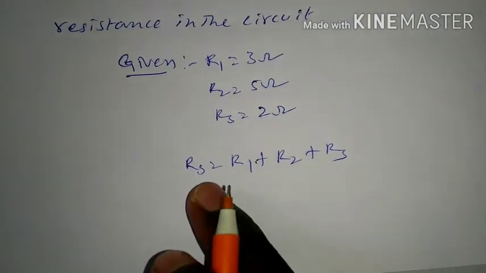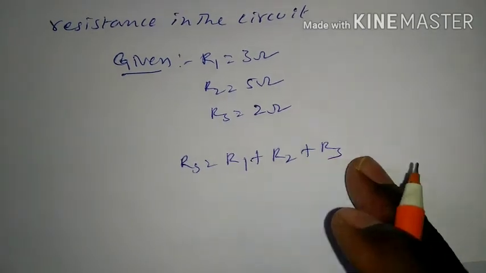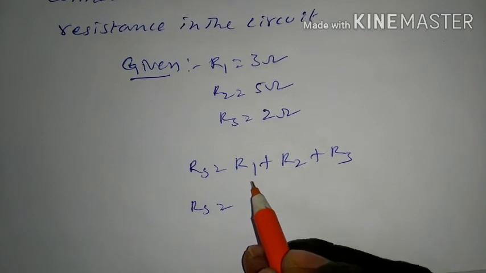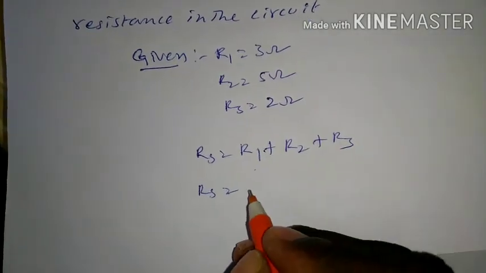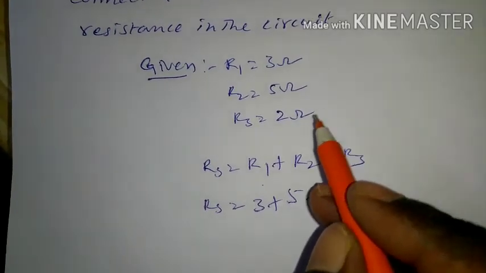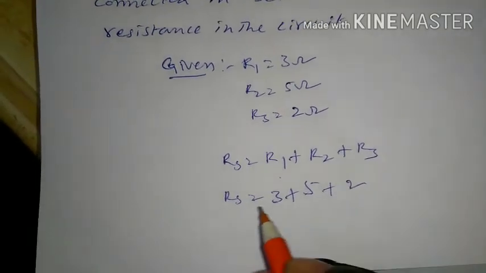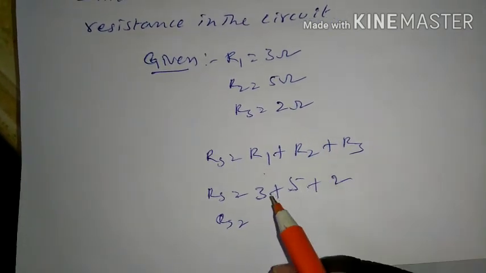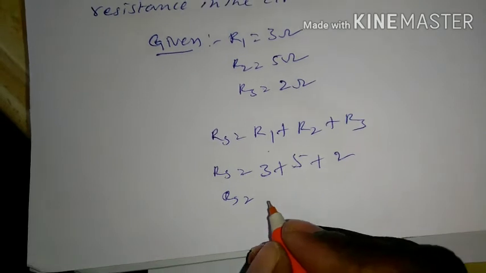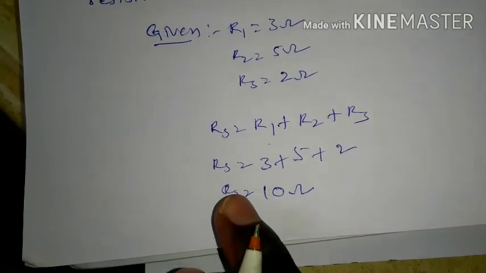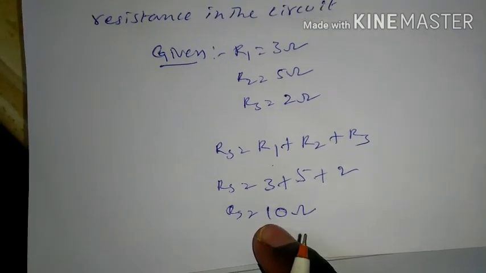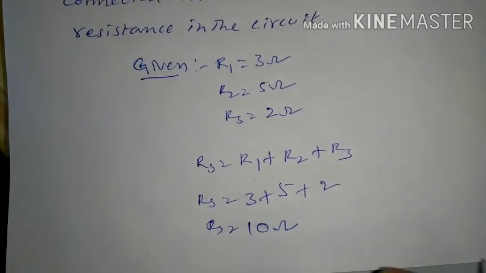Rs is equal to R1 value 3, R2 value 5, R3 value 2. Rs is equal to 3 plus 5 plus 2. Total value is 10 ohms. The series combination Rs is equal to 10 ohms. This is the second problem.